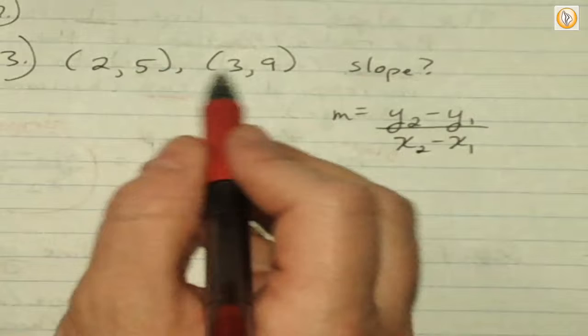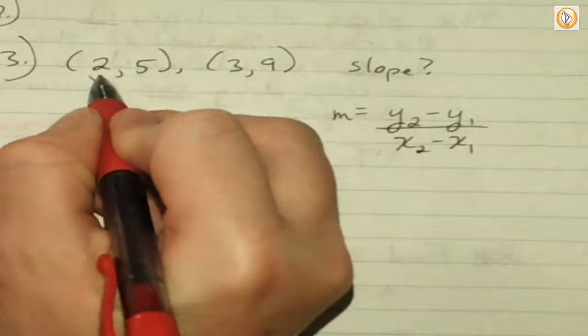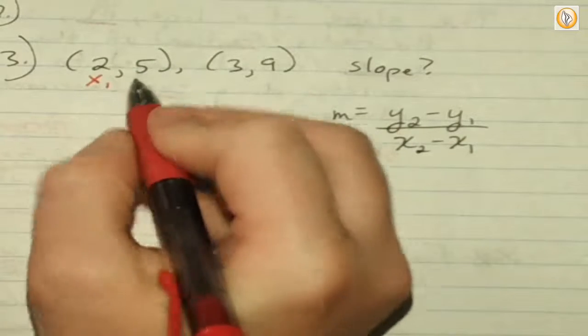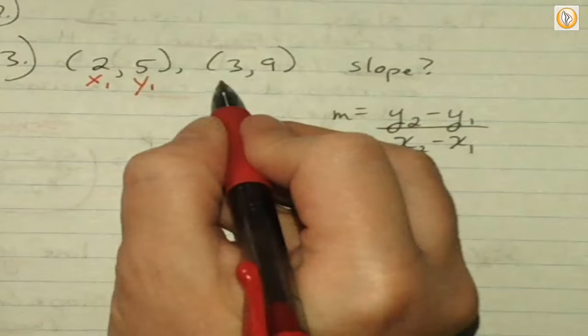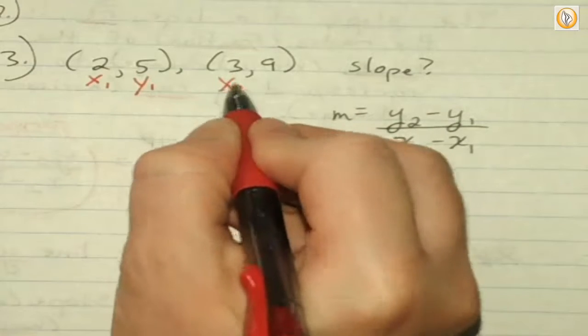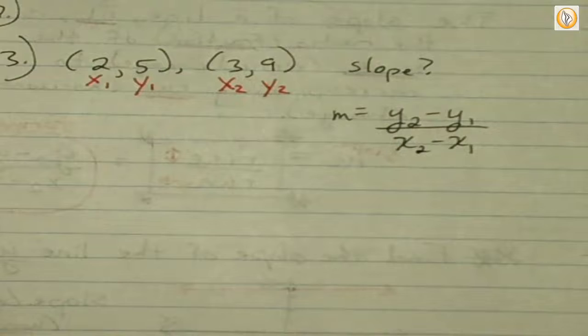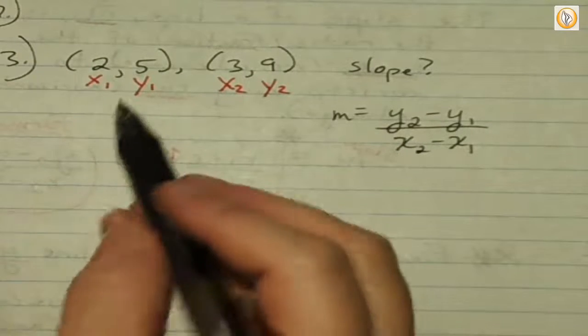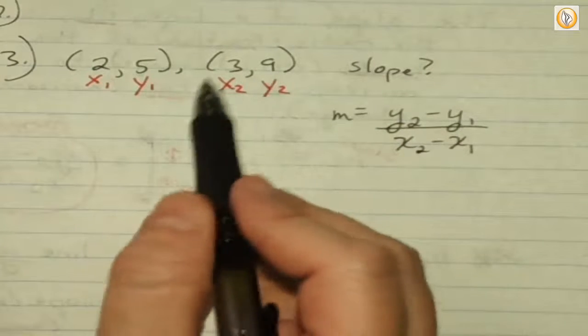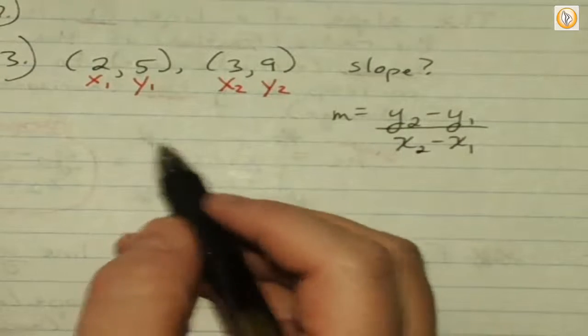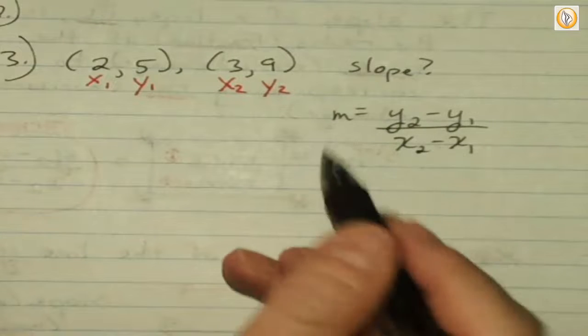Underneath each of these ordered pairs, you should write x1, y1, x2, y2. It will benefit you. So anytime they give you 2 ordered pairs and say find the slope, you're using this formula right here.